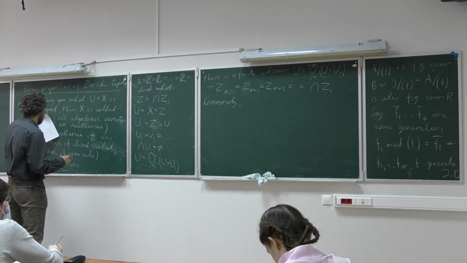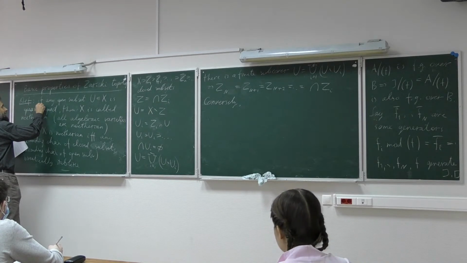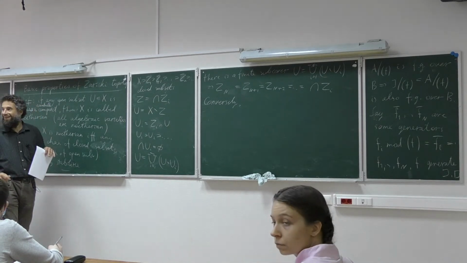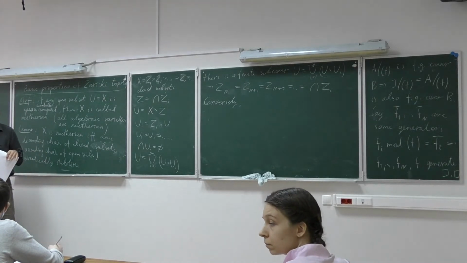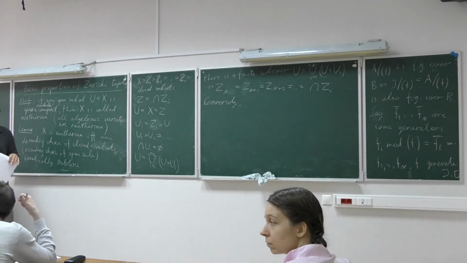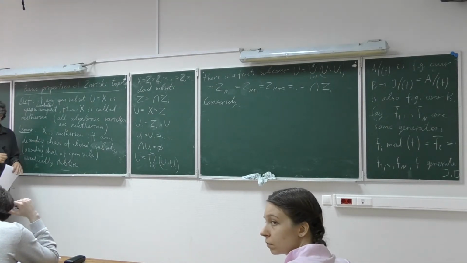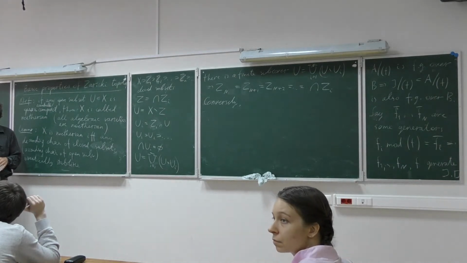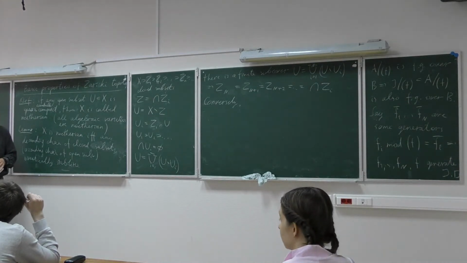So let's assume this countable quasi-compactness. Are your chains finite or no? Are your chains countable? The chains are countable. One can also consider uncountable chains. This I don't know.